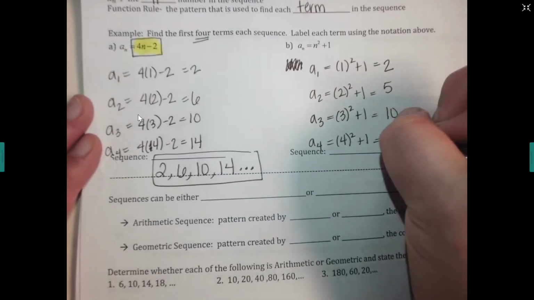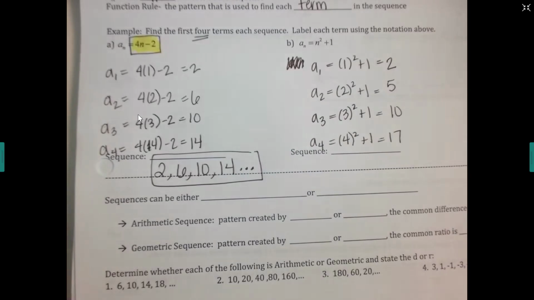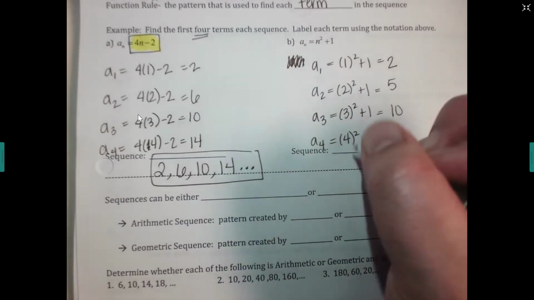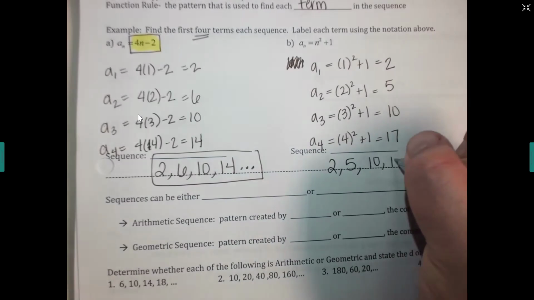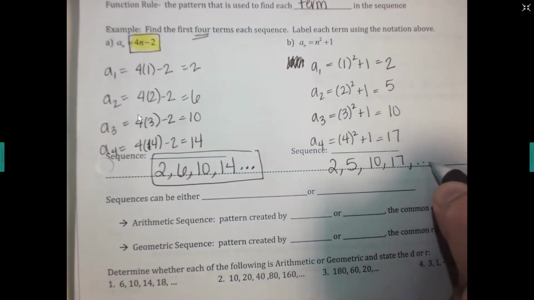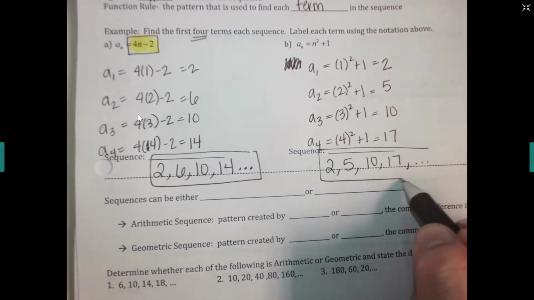And then 17. Once you find those numbers, that's the beginning of your list. Like I said, the list does go on forever, but your homework's not going to make you find more than the first 4 or 5 of them. So that'd be 2, 5, 10, 17, and so on. Okay?